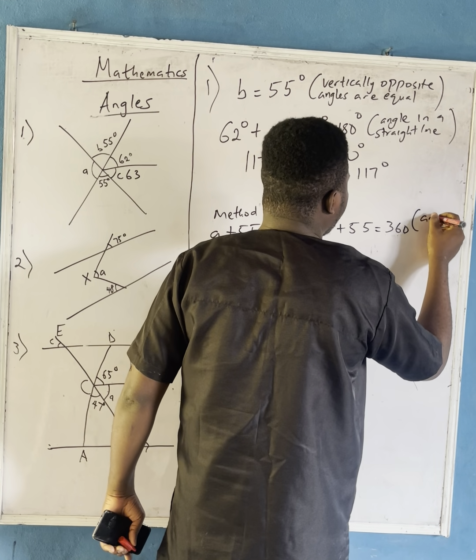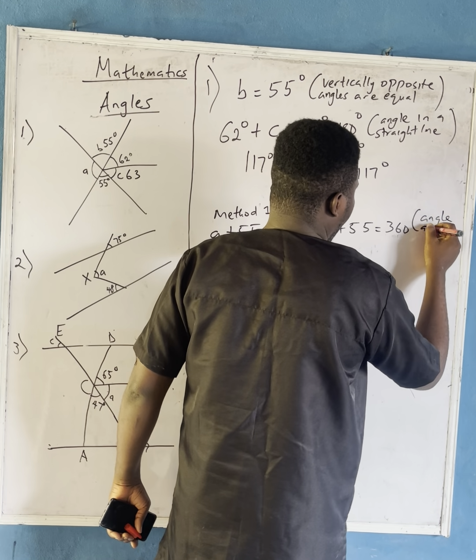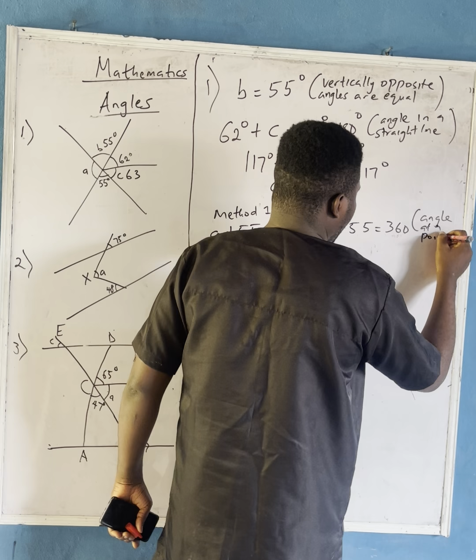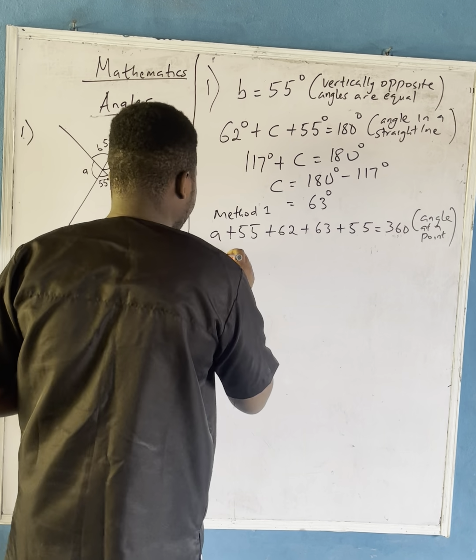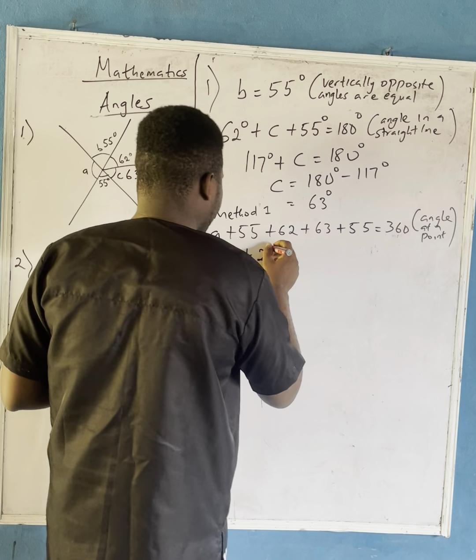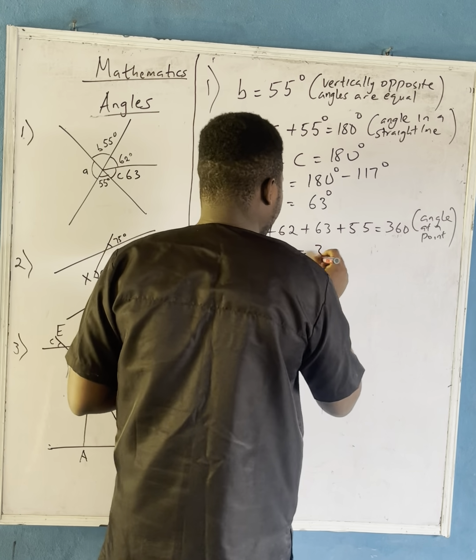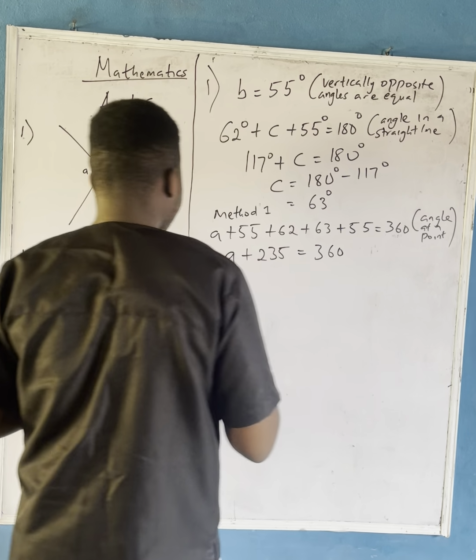That is angle at a point. If I now add everything together, 55 plus 62 plus 63 plus 55 will give me 235. So A plus 235 is equal to 360.